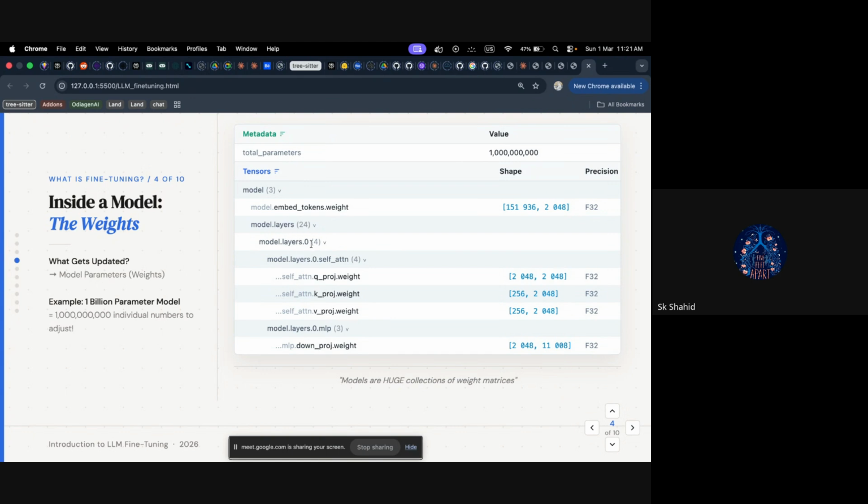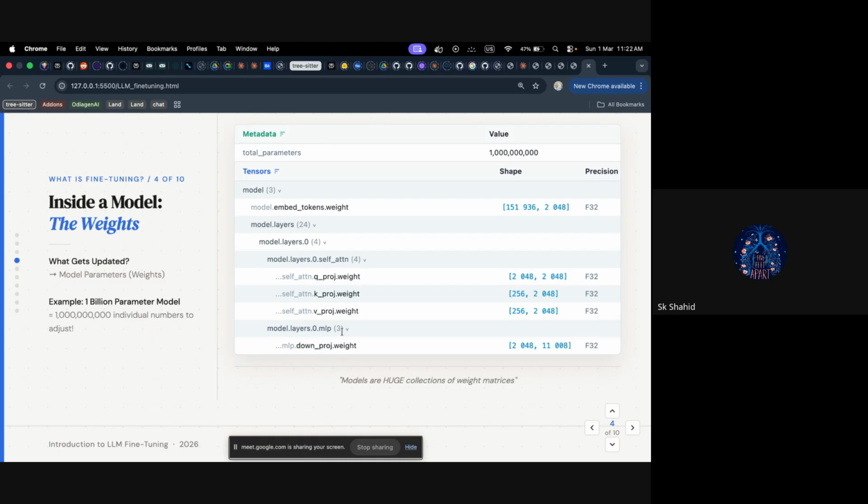So we say that it's 24 layers of architecture, and inside each transformer block, let's say Llama came up with 24 transformer blocks. So each transformer block will have this architecture. Llama is just an example, it does not have to be exact, but it always follows that it should have a Q projection weight, a K layer, a V attention layer.